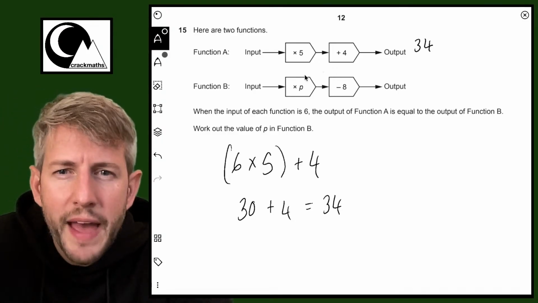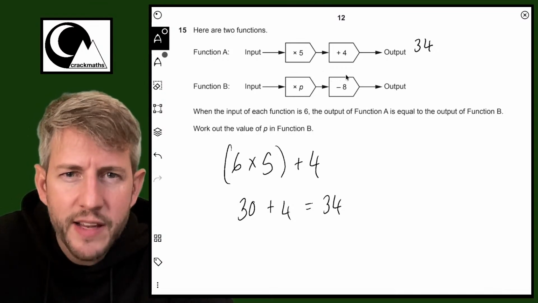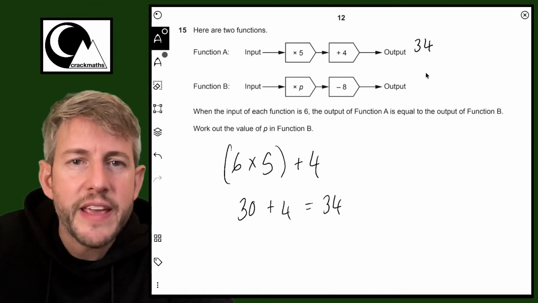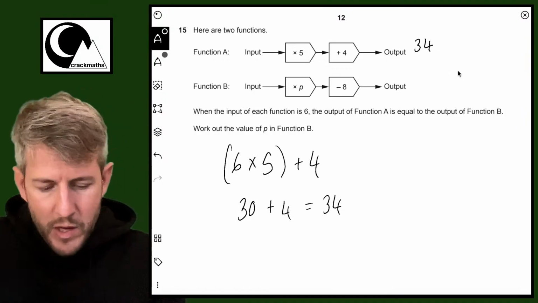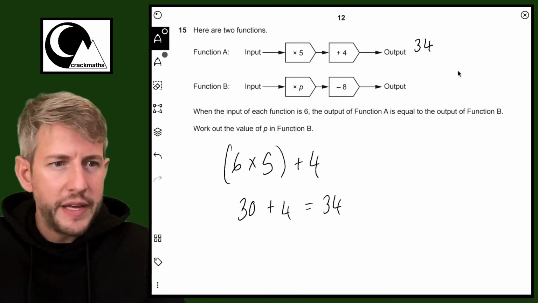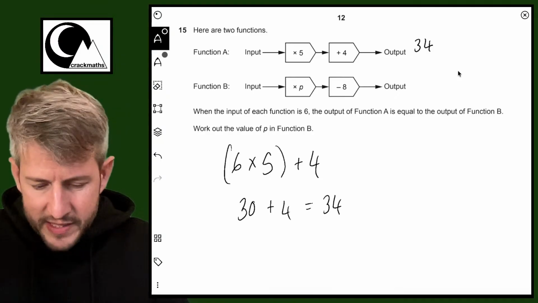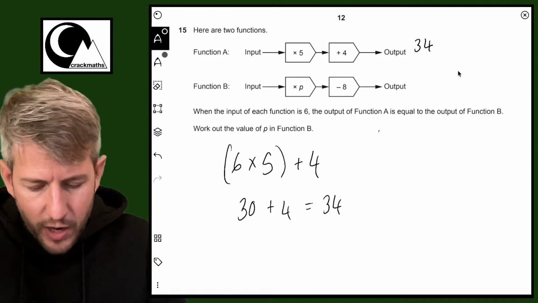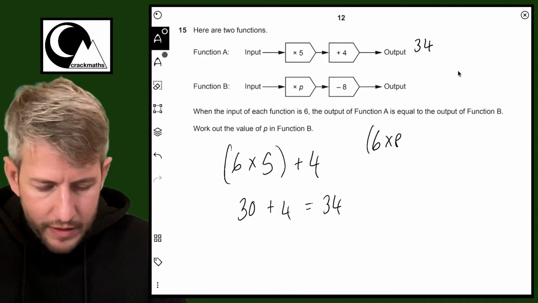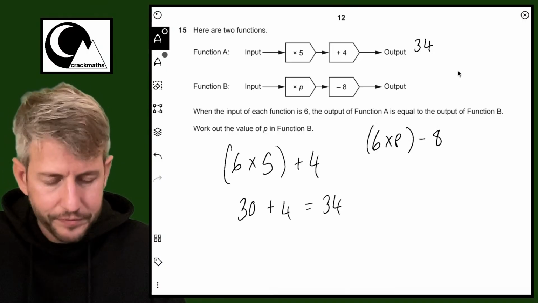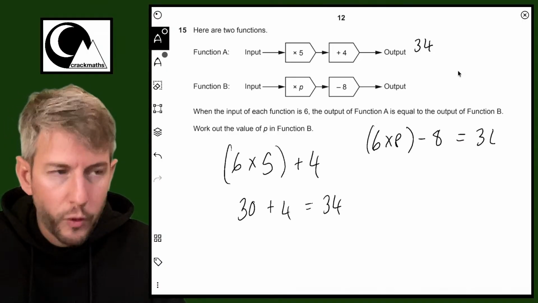It says when the input of the function is 6, the output of function A is equal to the output of function B. Okay, right. So now let's look at this function B here. We'll put the 6 in. So we get 6 times p, and then take away 8, and then that equals 34.